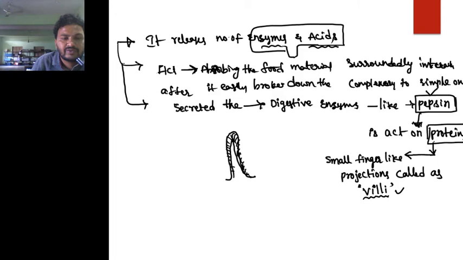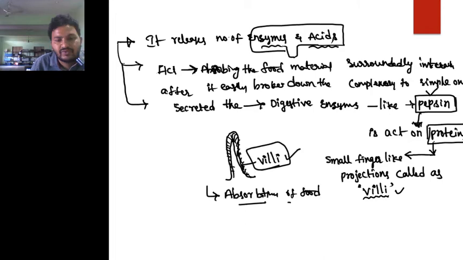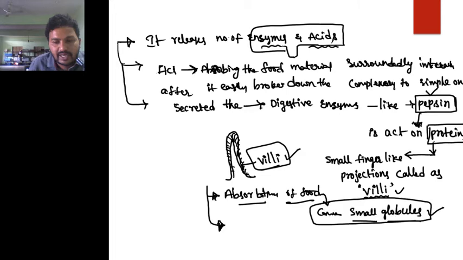The small finger-like projections of villi help the absorption of food, and then it is converted into small globules. It also helps the process of digestion.